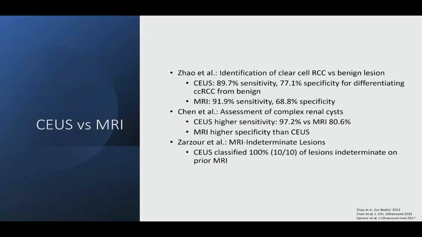Chen and colleagues compared the ability of the two at assessing complex renal cysts and found that CEUS had superior sensitivity, but that MRI had higher specificity. And Zarzour and colleagues also looked at the assessment of CEUS in MRI indeterminate lesions, and they found that CEUS correctly identified all of the lesions, but this was obviously a very small sample size, so that should be taken into account as well.